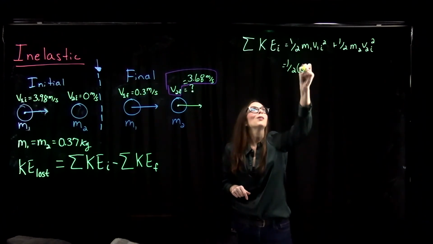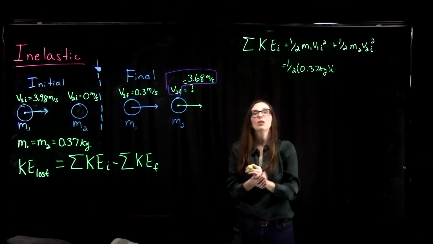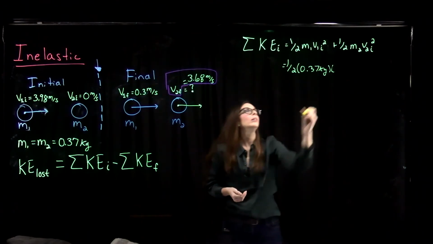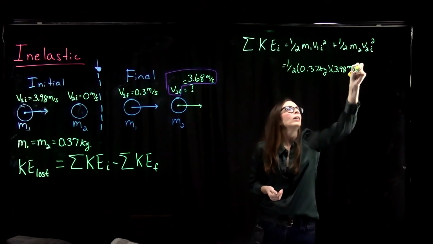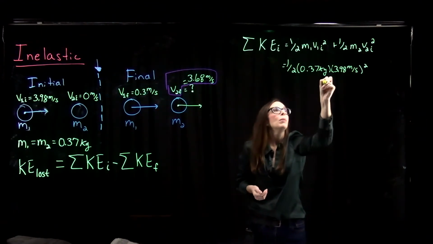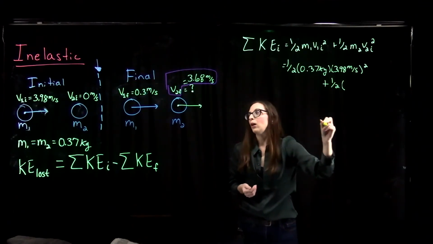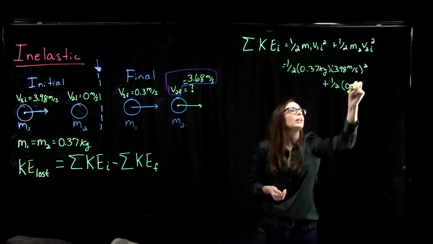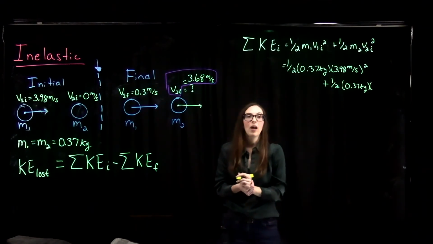So that will equal 1/2 times the masses, both 0.37 kilograms, times the initial velocity of ball 1, 3.98 meters per second, squared, plus 1/2 times the mass of my second ball, also 0.37 kilograms, times its velocity initially.